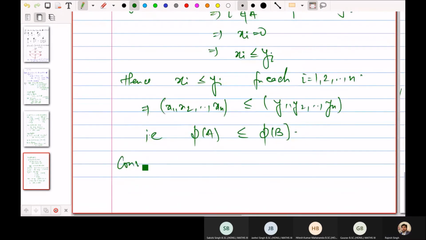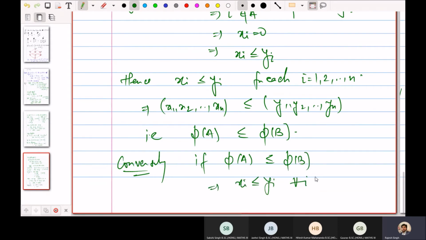So conversely, if phi A is related to phi B, this implies xi is related to yi for all i equal to 1 to n.